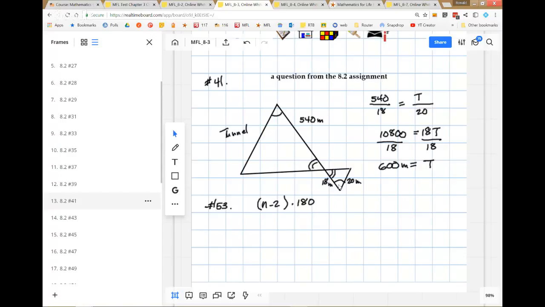If two angles of one triangle are the same as two of the other, that means the two triangles are similar. And if they're similar, the sides are proportionate, except it's twisted. So you've got to be a little careful. So this side of this triangle is to the opposite side of the little triangle. So 540 is to 18 as the tunnel is to the 20.